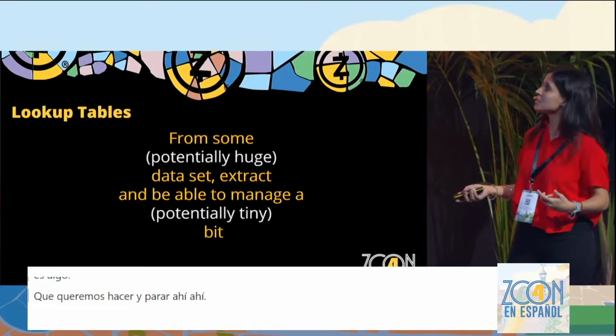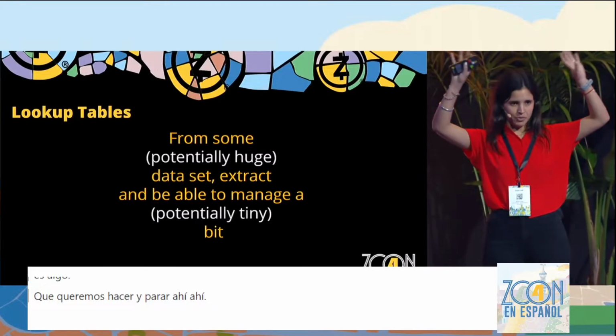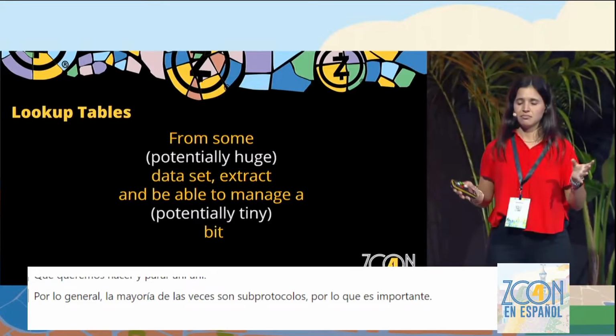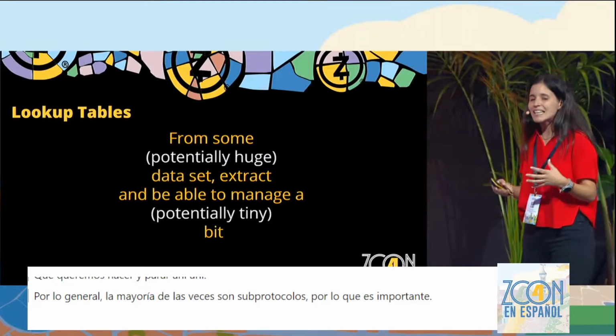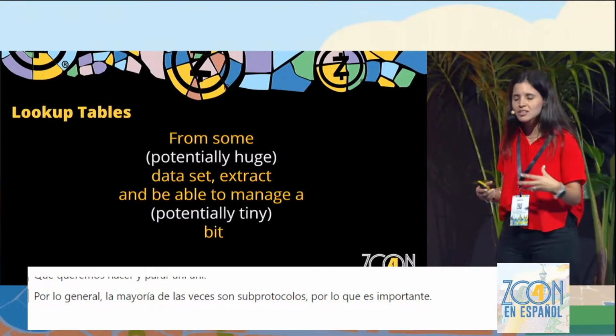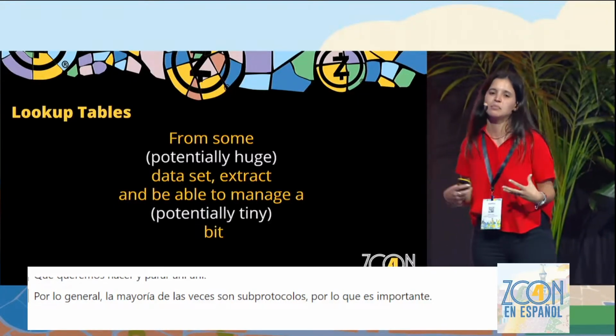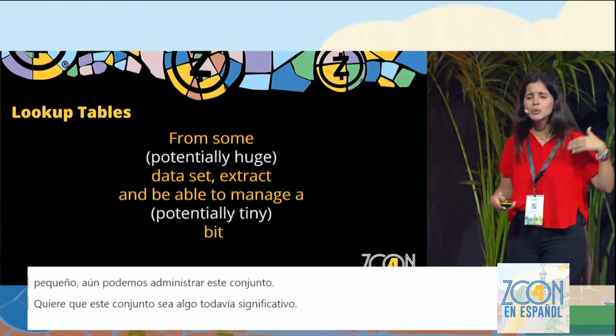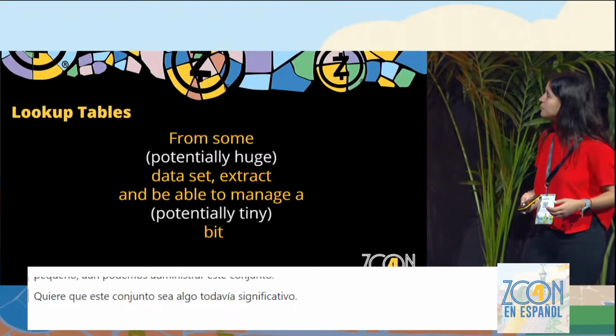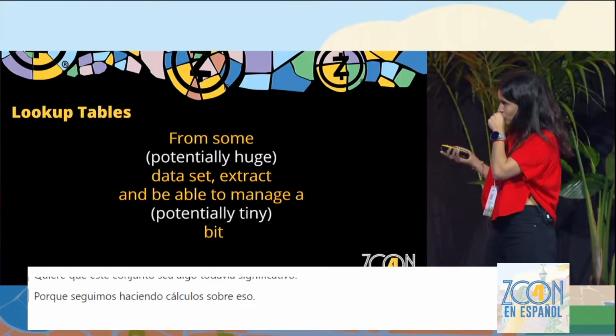So it is important that when we extract the information from the huge table and get it into a tiny set, we are still able to manage this set. We want this set to be something still meaningful because we'll keep doing computations on it.